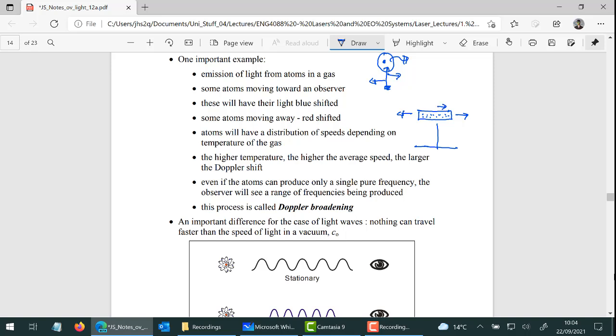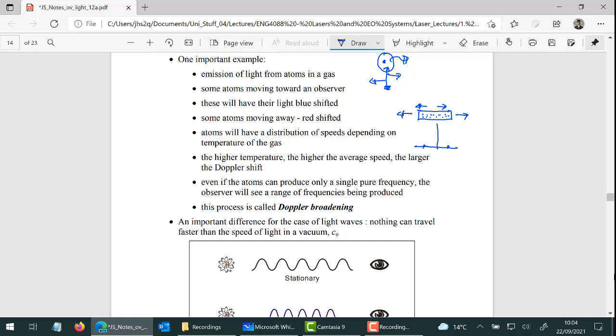So if, for example, some atoms are moving towards us at very high speed, that will be very few atoms out of the total, then we would expect to get the light being shifted to a higher frequency, but not very many of them.